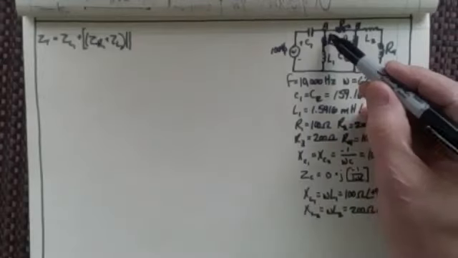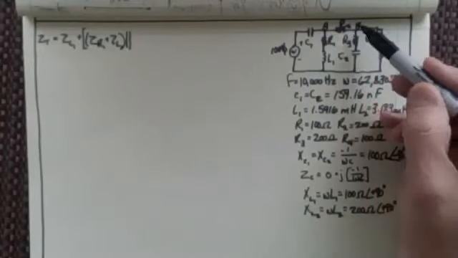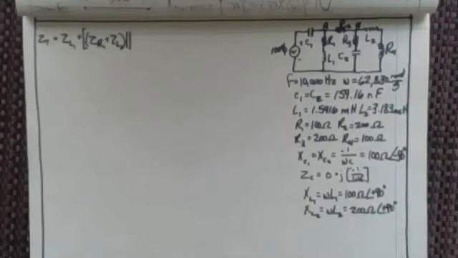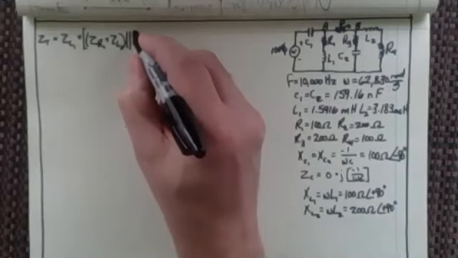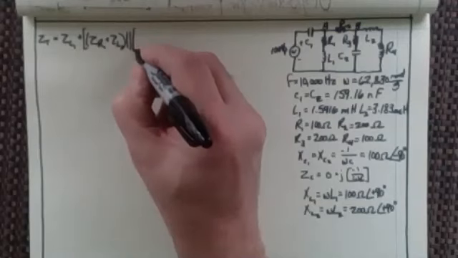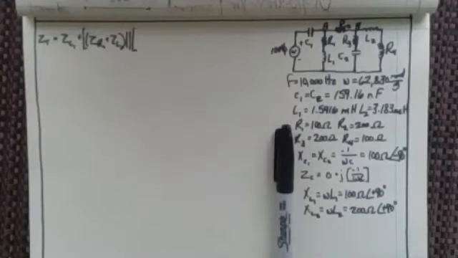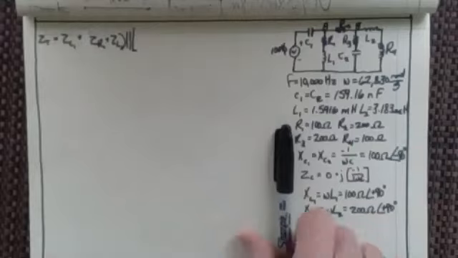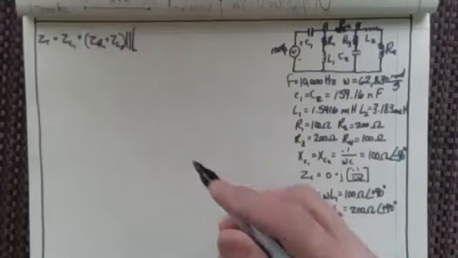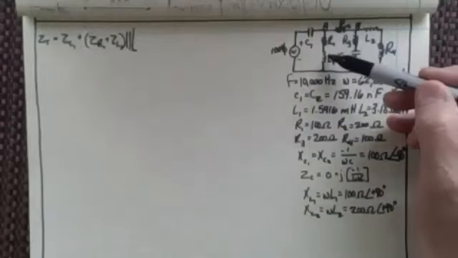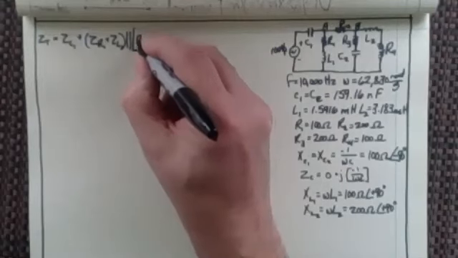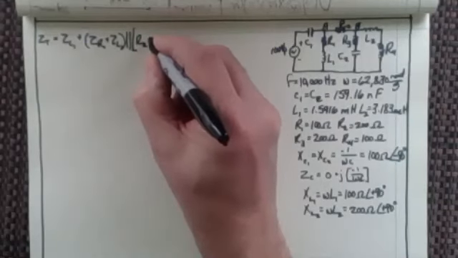Now, what do I have in parallel? Well, I've got R2 in series with these two things that are in parallel with one another. So this is going to be in parallel with, and actually, let me put some other brackets there. I probably could do without those brackets up front, and just a parentheses there. So that first branch that we have here is going to be in parallel with R2 in series, right?